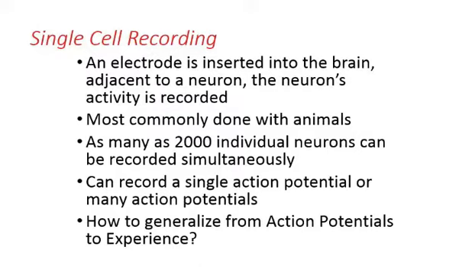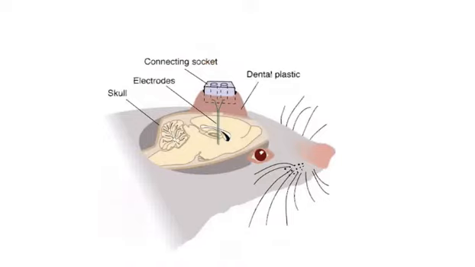It's more commonly done with animals, but as many as 2,000 individual neurons can actually be recorded simultaneously. You can record either a single action potential or multiple action potentials with this technique, but it's a little bit difficult to generalize from a single action potential to an experience of something, to understand how the activity of that neuron plays a role in our overall experience.